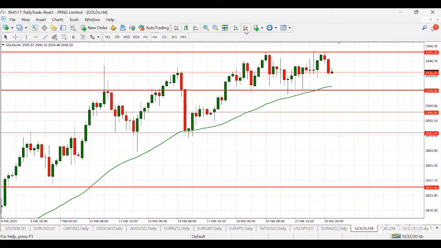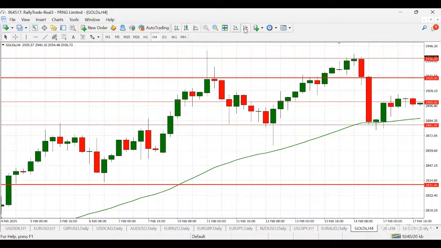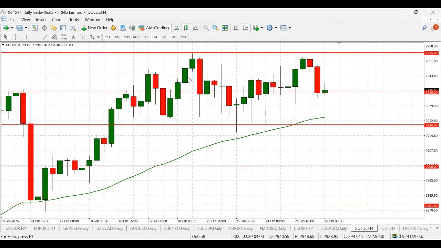So periods like this, investors like to put their money in gold, which is considered a safe haven. And what we currently have, in spite of the aggressive bullish move that we've seen lately, is this consolidation on our hands.